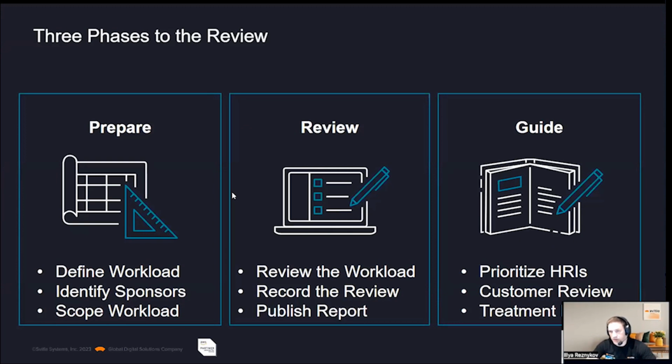The review process itself we may split into 3 phases. The first of them is to prepare. As I mentioned, we need to define the workload, scope the workload, and identify sponsors. The next step is the review itself. We need to review the workload, record results, and publish reports about which risks were found.